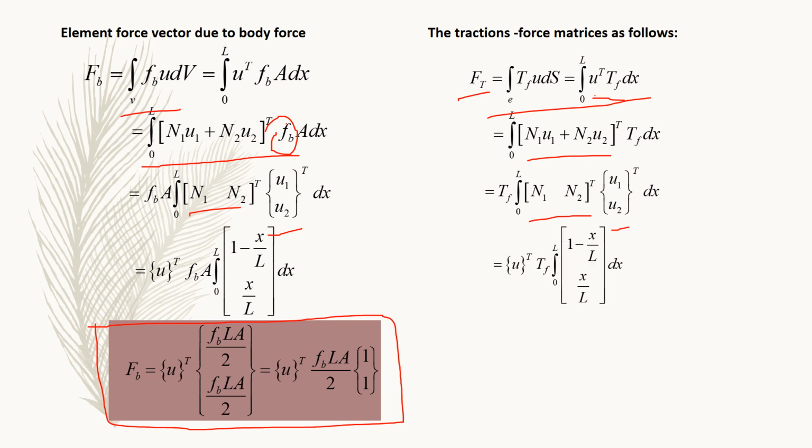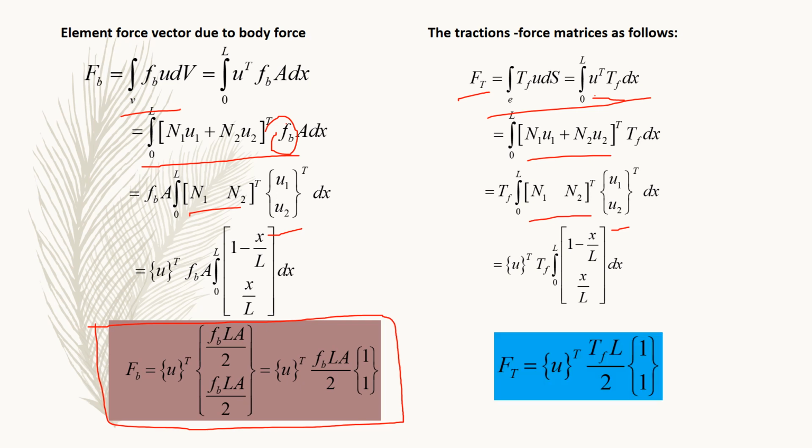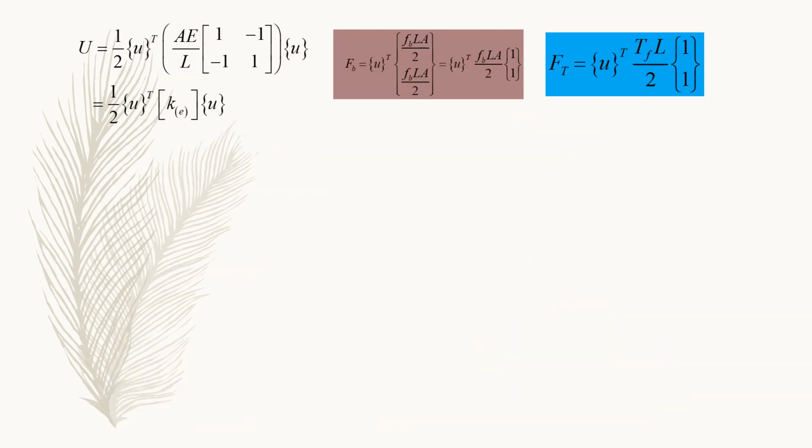And finally we need to substitute this shape function values and integrate. Finally we will find the traction force is equal to this matrix because it is a two noded element. So similarly, finally KQ is equal to F. This is the governing equation of this finite element method.